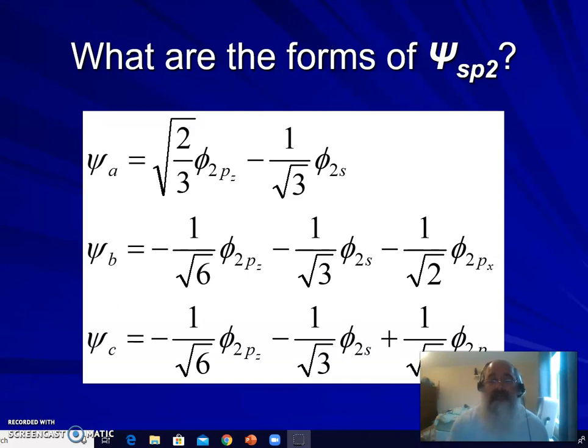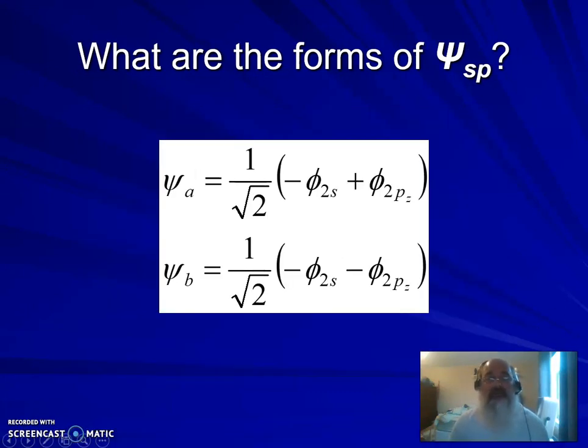Now an sp situation is going to be much simpler because the y and the x aren't hybridized, so they just remain as their separate orbitals. The 2s again has a negative sign on it, and the squares of the coefficients for the two hybridized orbitals still have to add up to 1, so they have to be negative square root of 1 over 2.